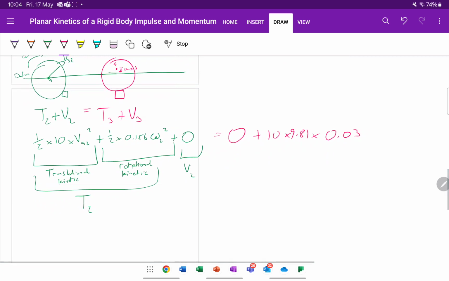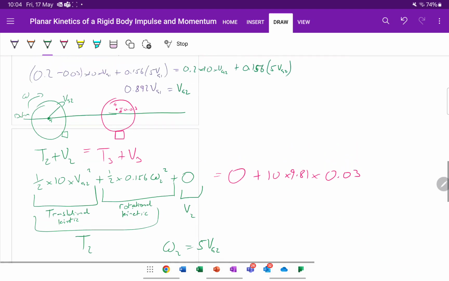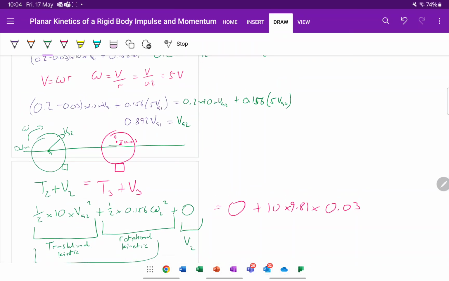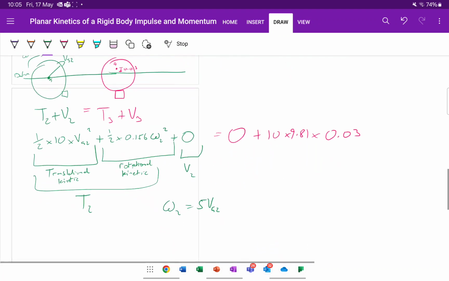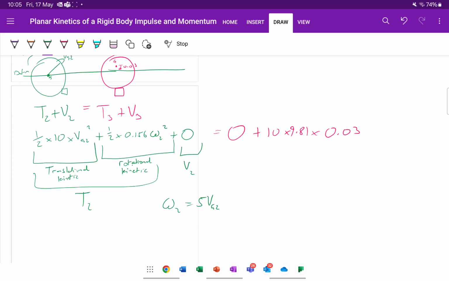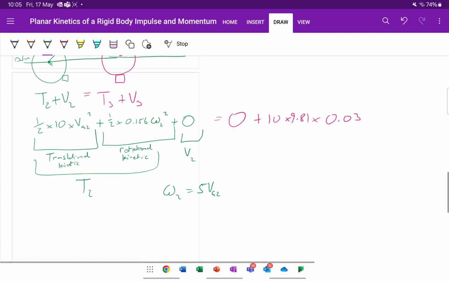So the two things we don't know in there are V and omega. We do know, though, that omega 2 equals 5 Vg2, because we've worked that out up here. It's the form of the pink equation that is now at the top of the screen, because we know the relationship V equals omega r. It keeps coming through.